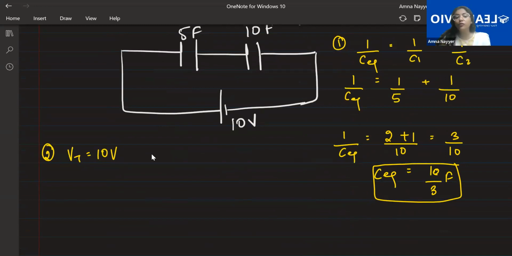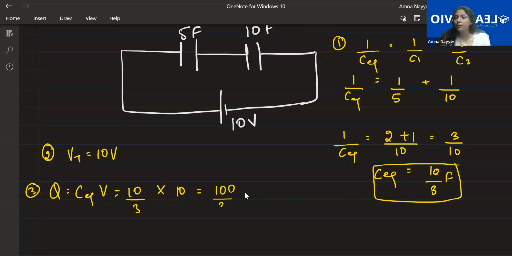So if you multiply both of them, you will get the total charge. So it will be C equivalent into V. See, this is 10 by 3 into potential is 10. So this becomes 100 by 3 coulomb. This is the total charge.